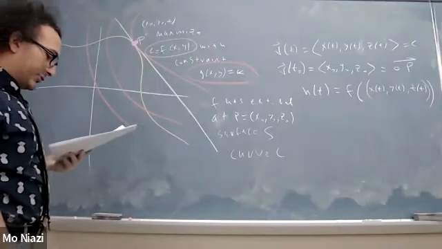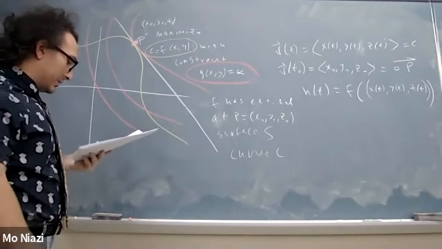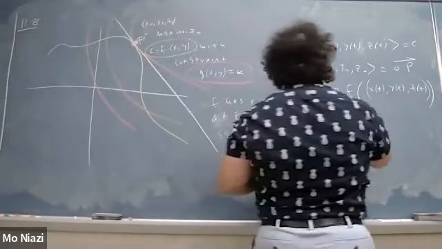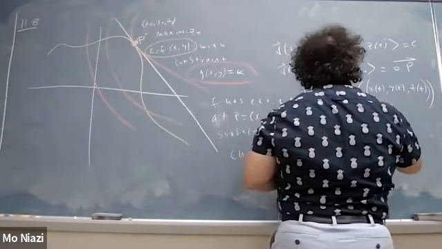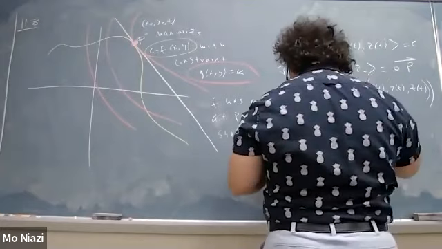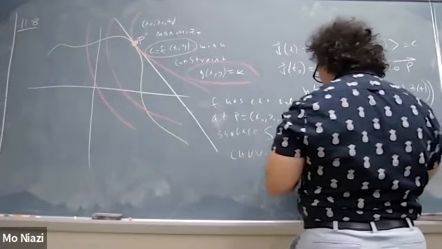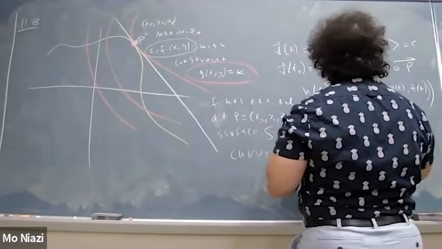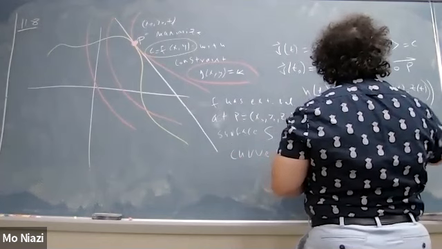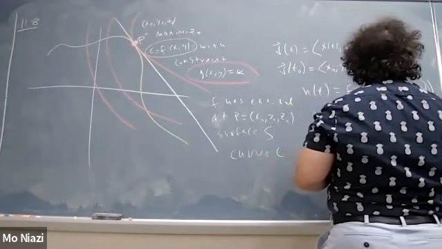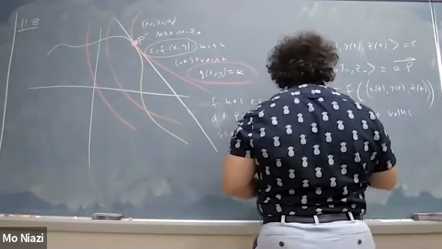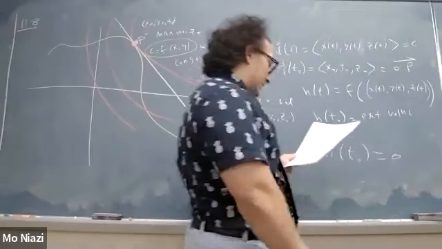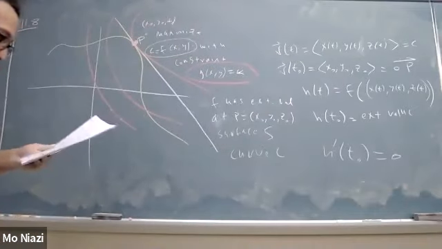Since f has an extreme value on C at x naught, y naught, z naught, that implies h of t naught has an extreme value, and that extreme value is a constant. So when you take the derivative of both sides, we get h prime of t naught is equal to 0, because the derivative of a constant on the right-hand side is 0.